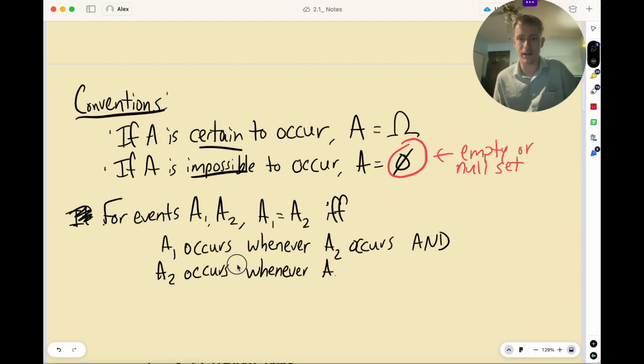Another way of phrasing that is A1 is a subset of A2 and vice versa, which means all the elementary events in A1 are also in A2, and all the elementary events in A2 are also in A1.